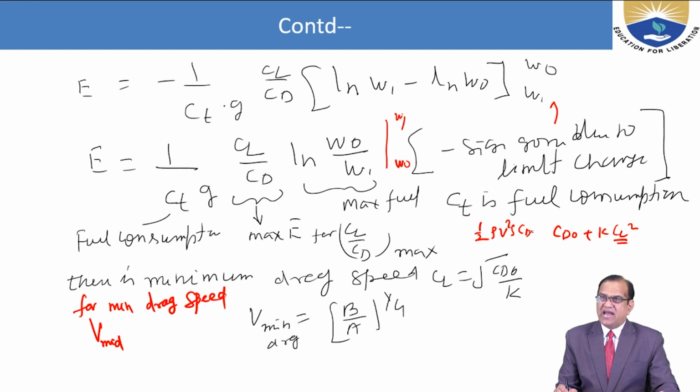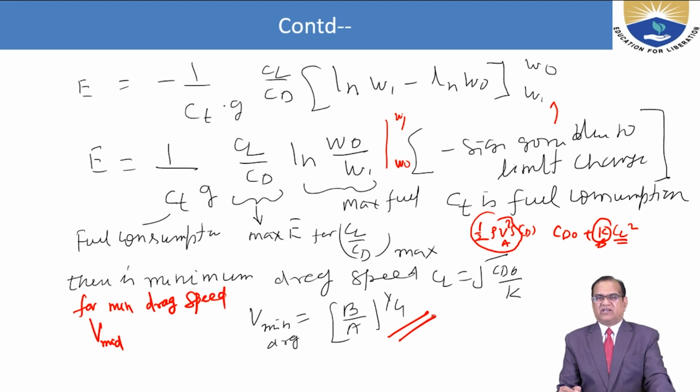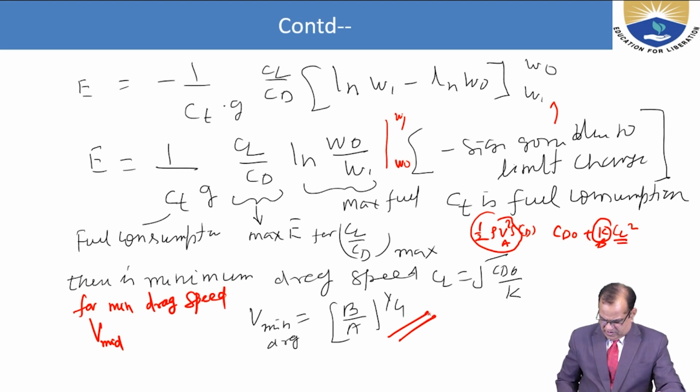Here this is A, and this is equal to B. So V minimum drag is equal to B by A, this divided by this to the power 1 by 4. So this is the condition for the minimum drag. In this way we can find out the endurance, and if you want the maximum endurance, we should fly at minimum drag, and this minimum drag velocity we can find out from here.